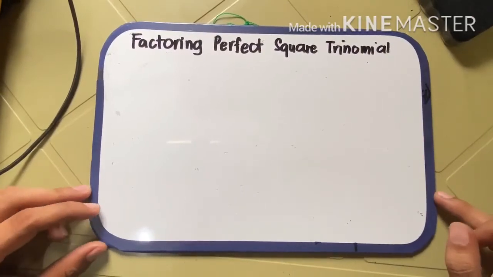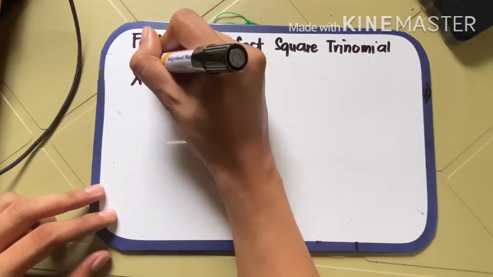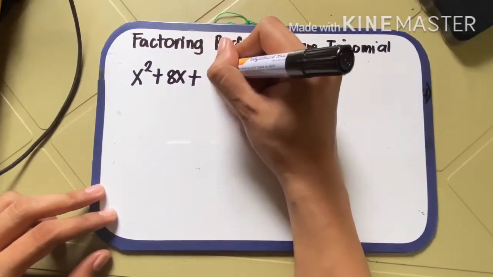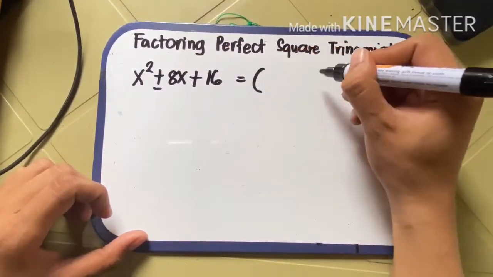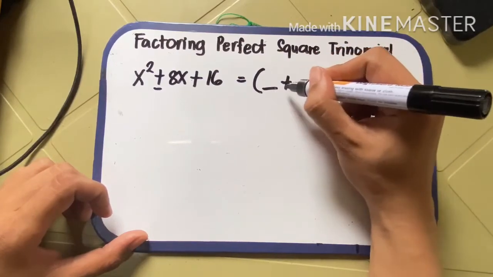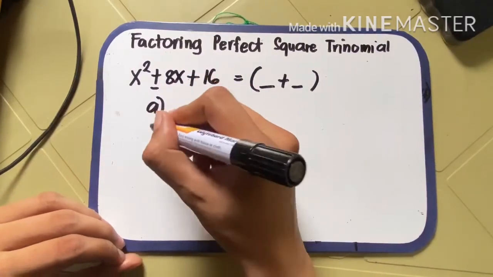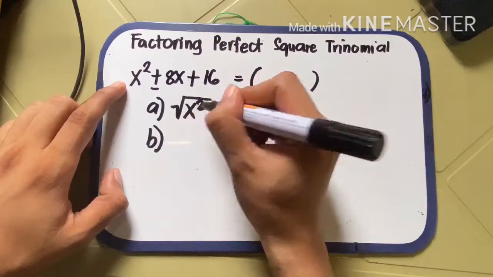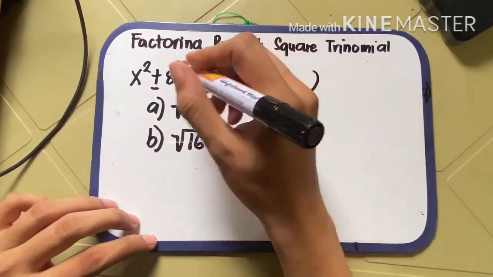Now let's factor perfect square trinomial. Here is the first example: x squared plus 8x plus 16. Since this is plus, you can write a plus here between the first and the second term. The first thing to do is take the square root of the first term, x squared, and the square root of the third term, which is 16.